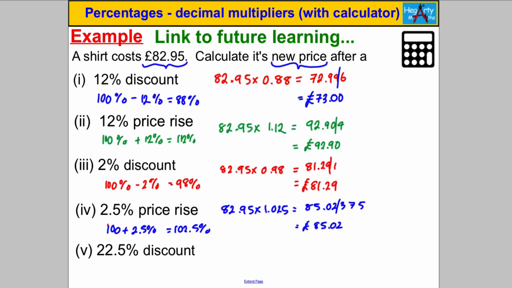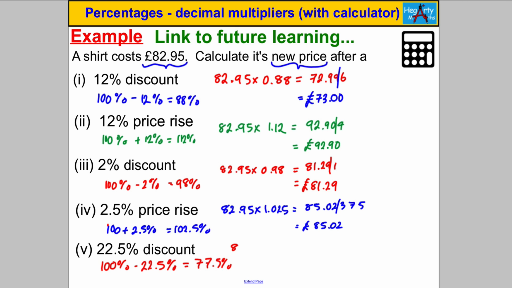And the last one here, a 22.5% discount. Okay, 22.5. So think about this, you've got 100% and you're going to subtract off 22.5%. Now think about it, 100 take away 20 is 80, therefore 100 take away 22 is 78, therefore 100 take away 22.5 must be 77.5%.